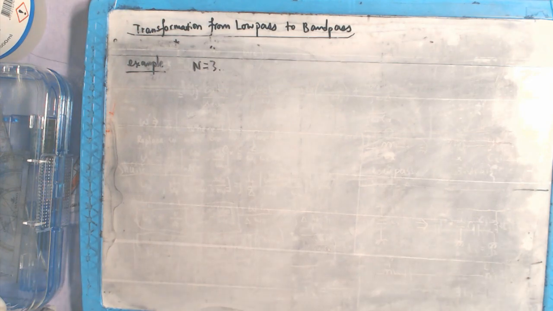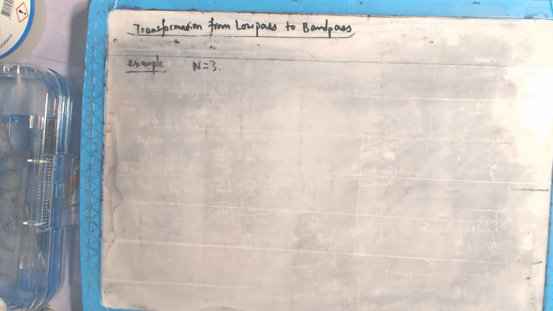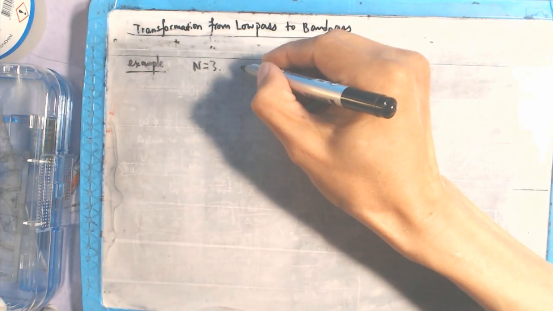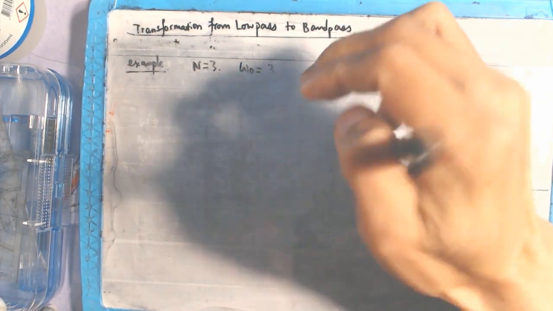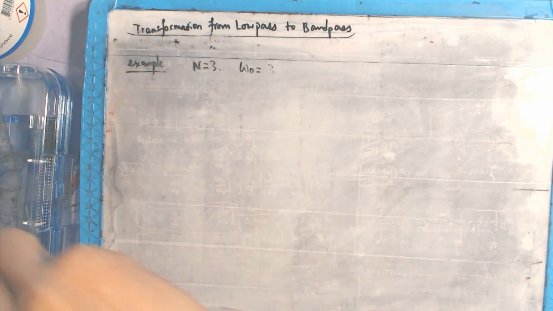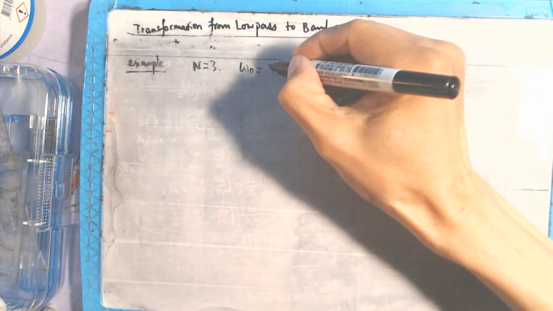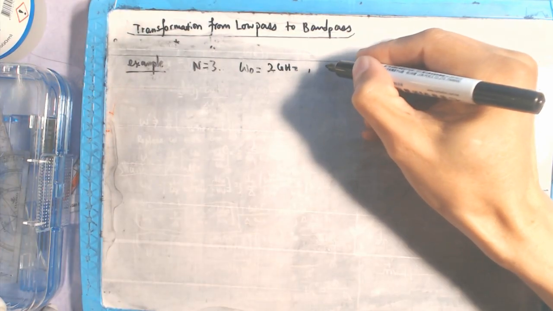And let's assume the corner frequency is 2 gigahertz, and the bandwidth is 10%.